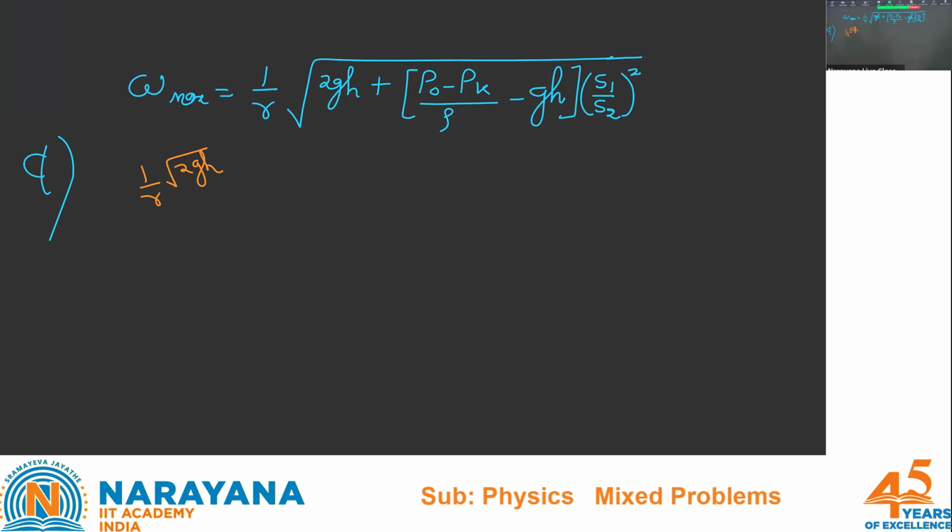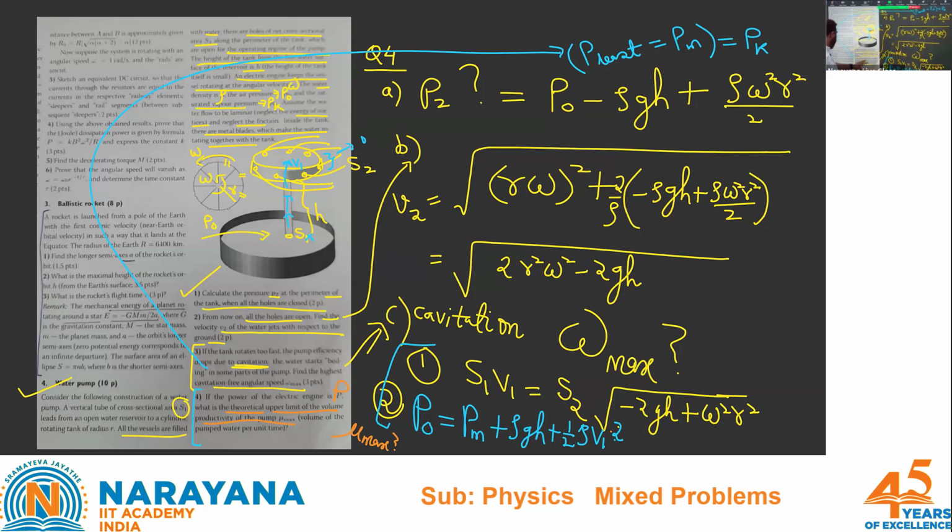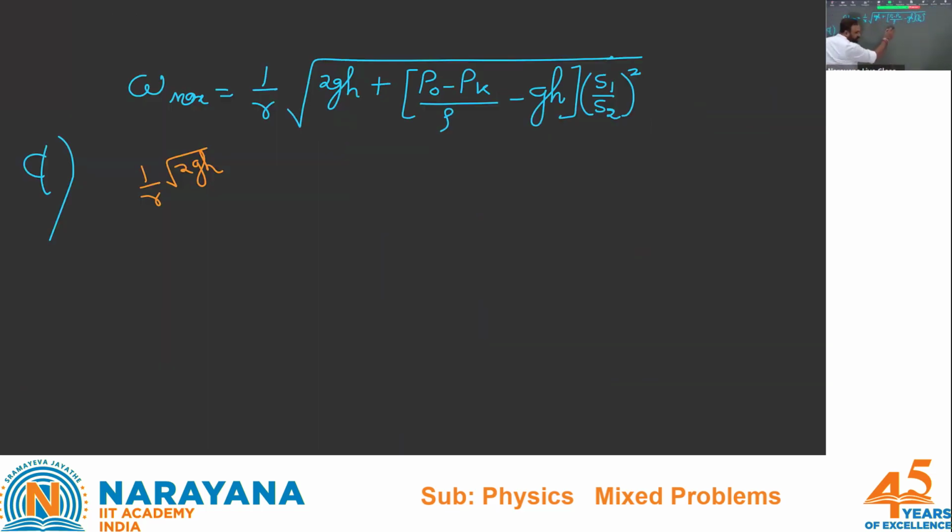So root 2GH by R, from the cavitation free process, I knew that this is the max I can have. But this value also depends upon different configurations. I am trying to find out the highest efficiency for the system. The question is clear, that if the power of the engine is P, the theoretical upper limit, the limiting value of omega that I can see is this.